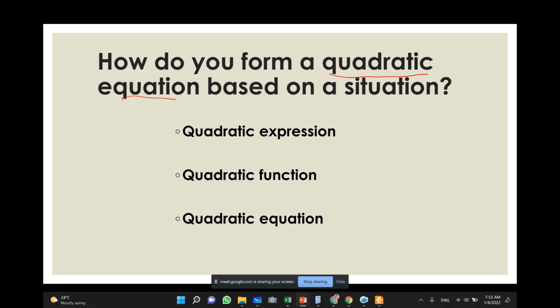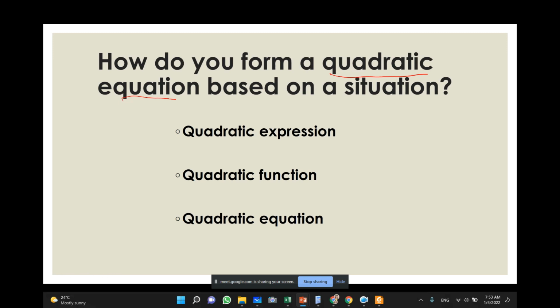So based on these three, you have to differentiate these three. Start from now on. You can see we have a lot of terms over here. First one is quadratic expression. Second is quadratic function. And the third is quadratic equation. So expression, function, equation. What is the difference of each of it?